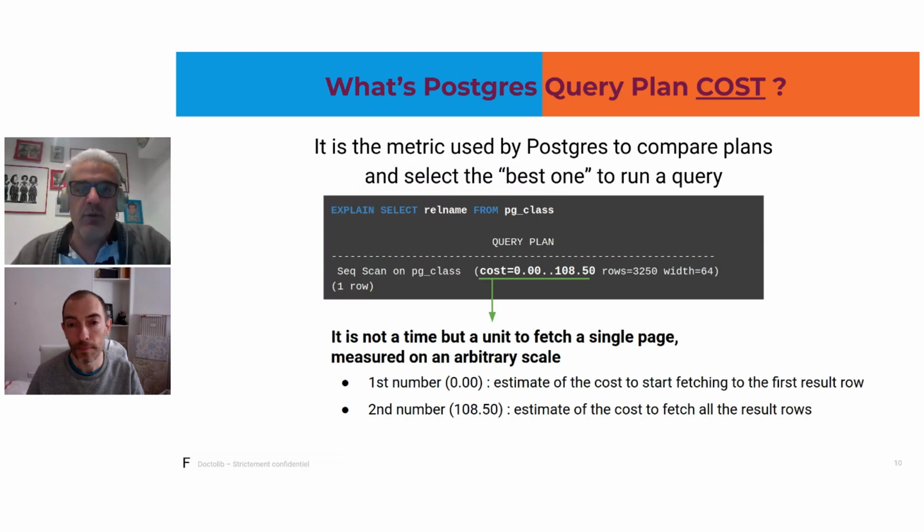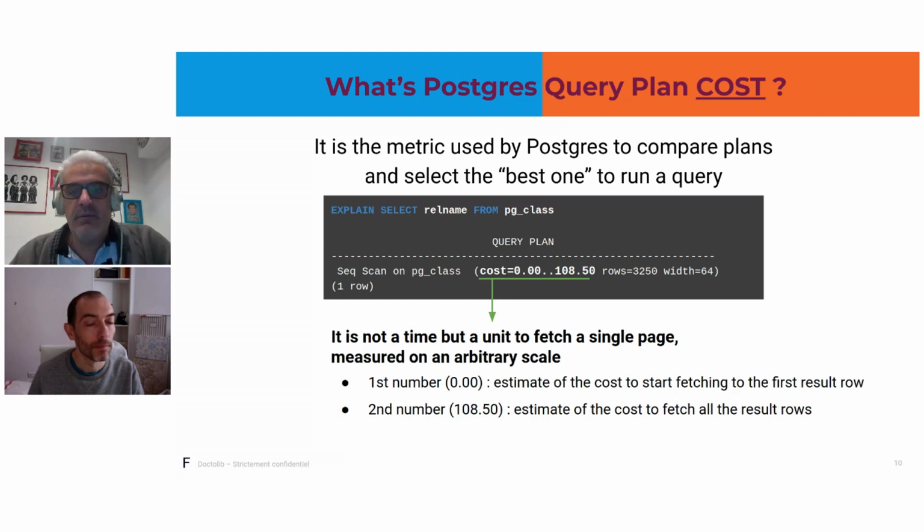But just looking at this simple query plan, we have 2 costs there. The cost on the left, 0, is the cost to fetch the first row and show it to the user. So when you make a query, there is a startup cost to retrieve the first row and give it back to you.